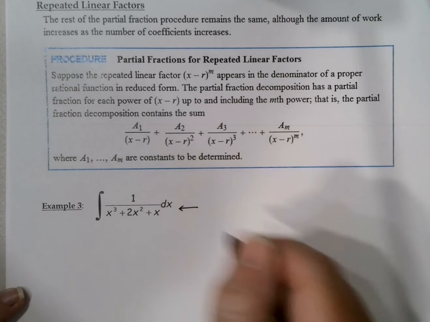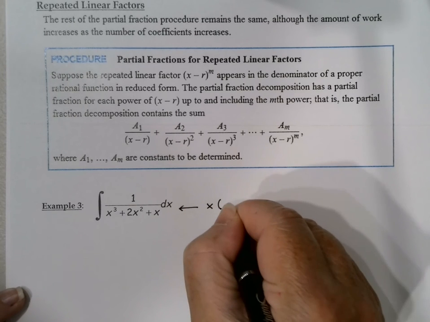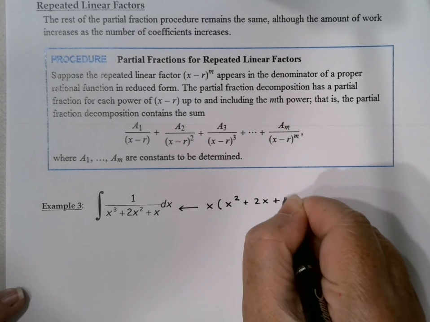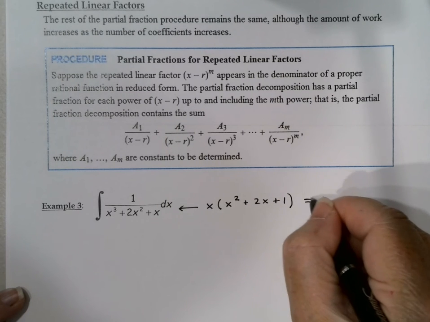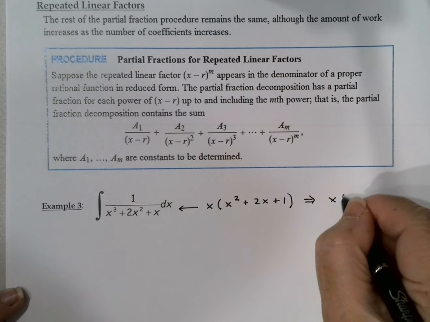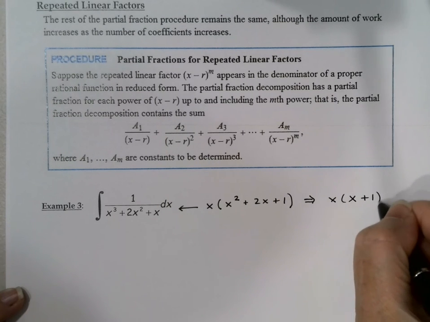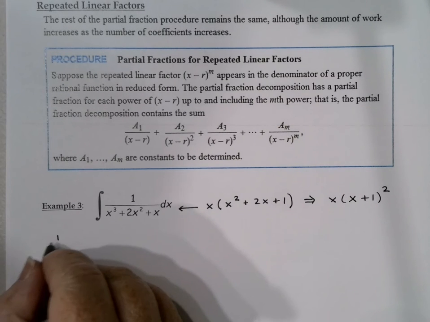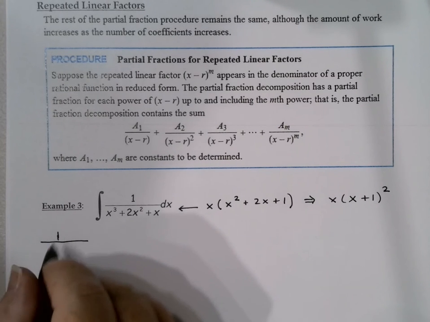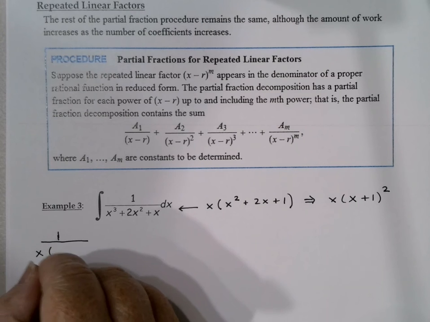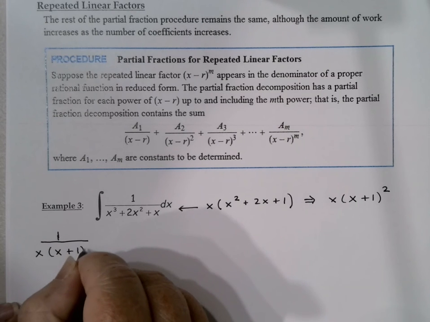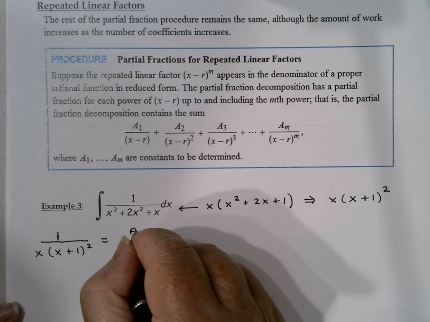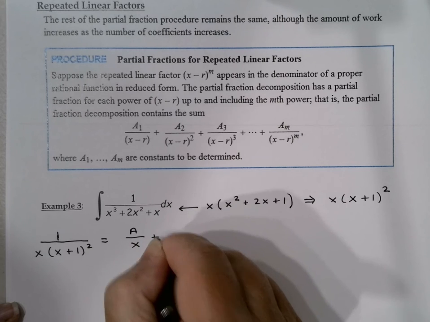This denominator, first of all, if I factor out the x, I'd have x squared plus 2x plus 1, which is x plus 1 squared. So when I go to create my partial fractions, first of all, I'm going to have a fraction over x, so just A over x.